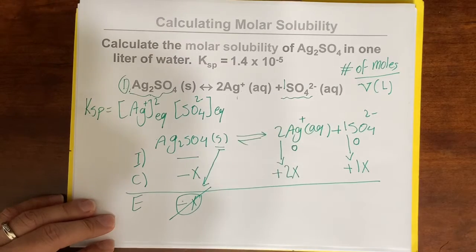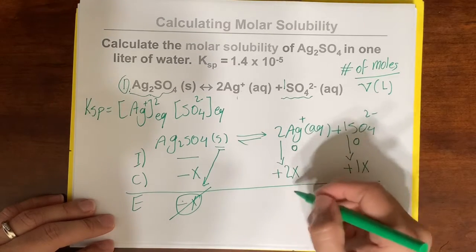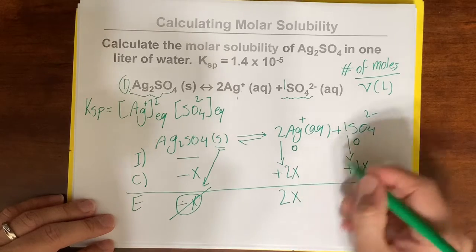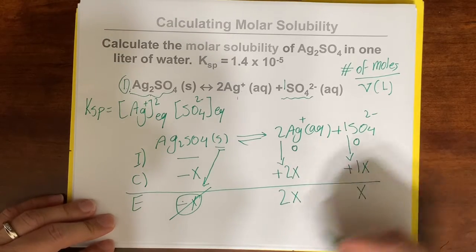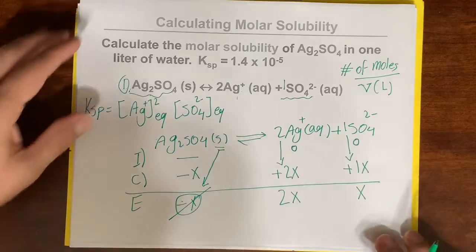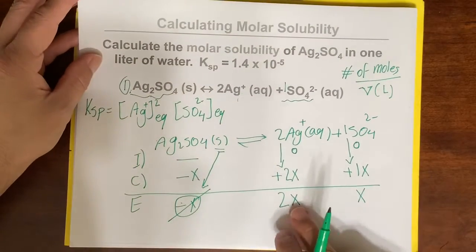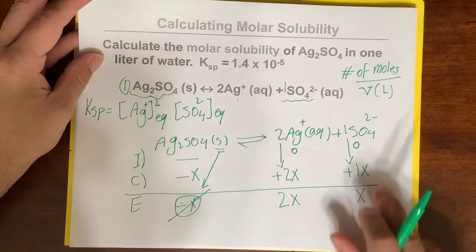How about this? 0 plus 2X, it will be 2X. Sulfate is X.